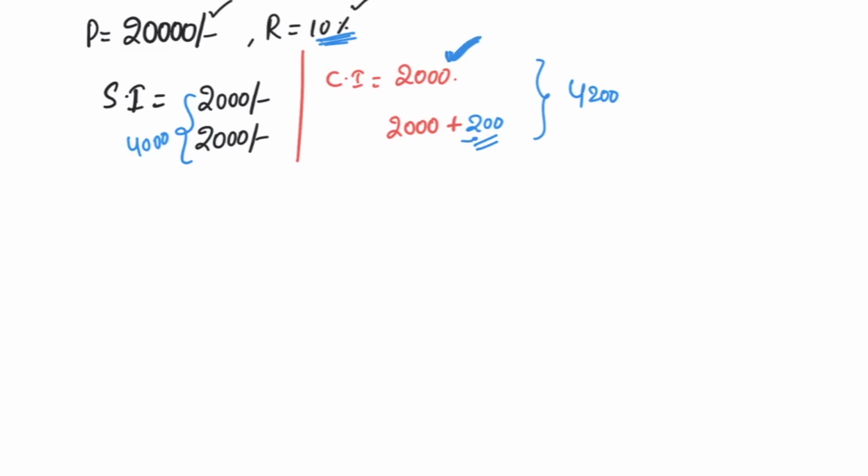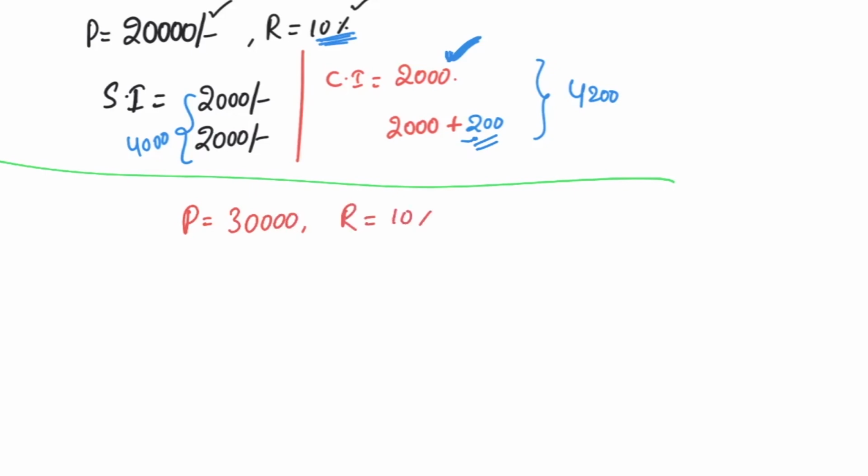Let me take one more example. For example, you borrowed 30,000 rupees and rate of interest is 10%. Coming to simple interest, first year on 30,000, 10%, that is 3,000. In the second year, interest is again 3,000. In the third year also, interest is 3,000.